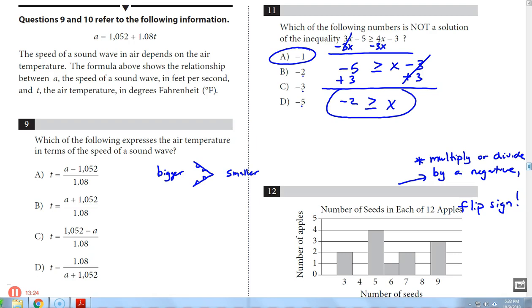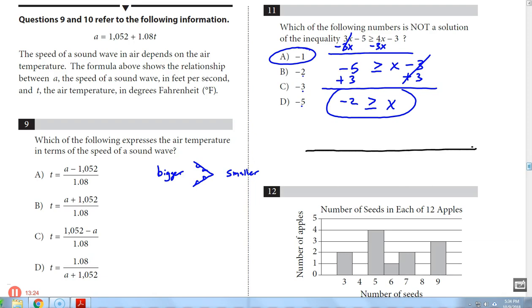Now you might have some teachers that have taught you to do it on a number line, and you kind of draw out this number line and you put 0 here. And if this expression here where x is less than or equal to -2, you would put your -2 right there, and since it's less than or equal to, I will shade this in, and then less than -2 is this way.